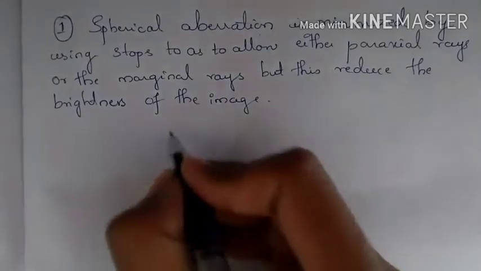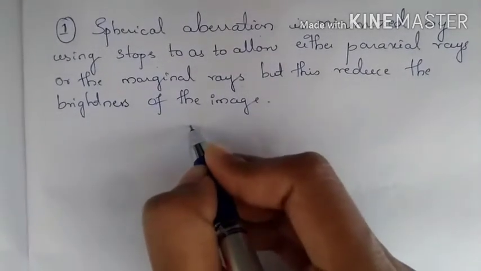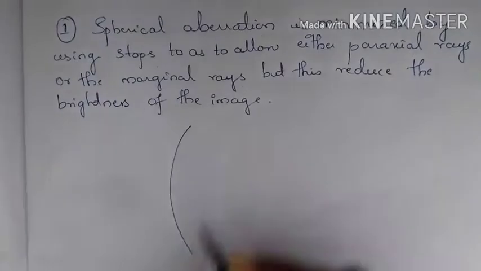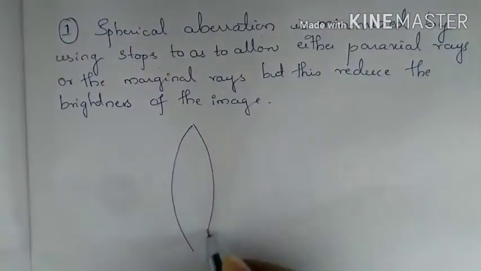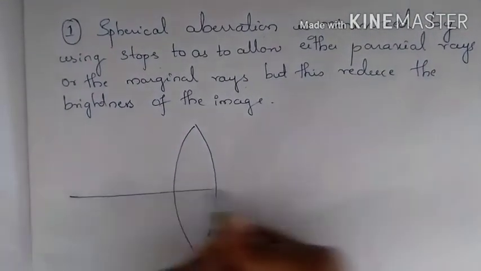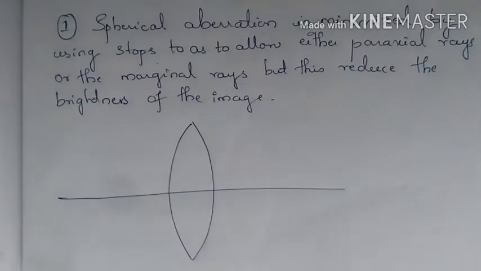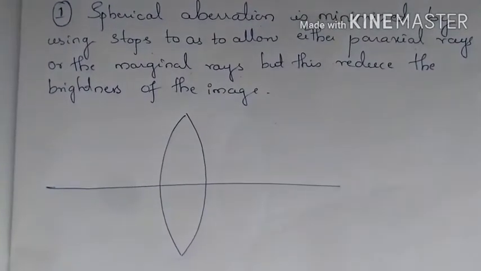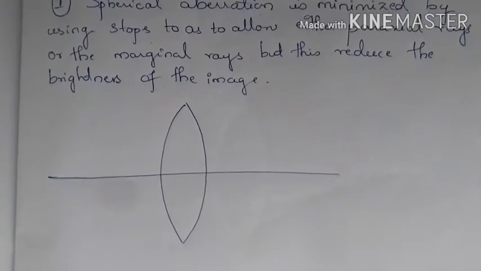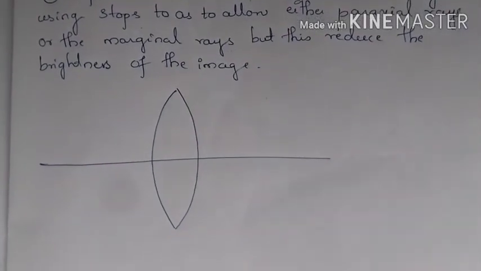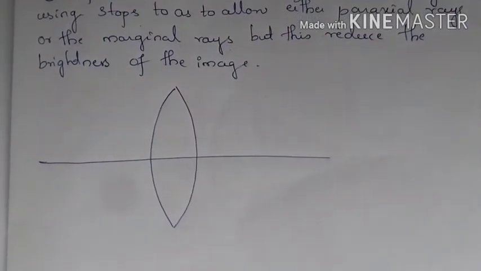So let us see. You have the wide aperture convex lens. When you have this convex lens, you basically will have two different types of rays. The first ray is the marginal ray and the second ray is the paraxial ray.